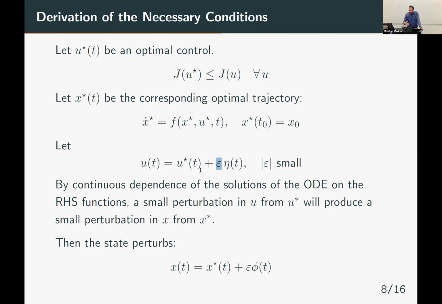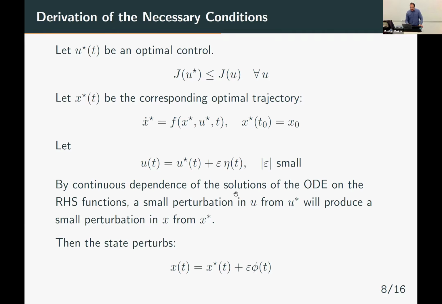It's a well-known fact in mathematics, by continuous dependence of the solutions of the ordinary differential equation on the right-hand side functions, so we're talking about this equation here, that the derivative continuously depends on the right-hand side. So if we are assuming that f is a continuous function, a small perturbation in U from U star will produce a small perturbation in X from X star.